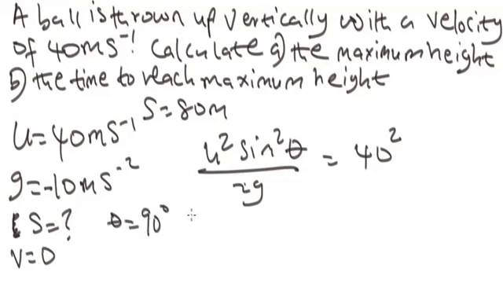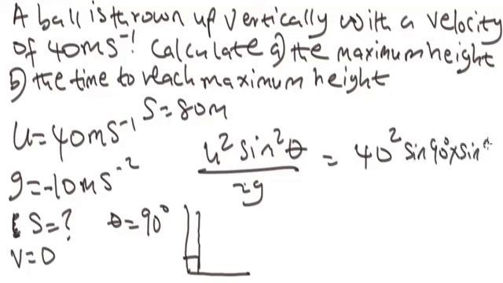Let me show you, because this is the wall. When you throw up a ball from the ground, you are forming an angle of 90 degrees, so theta will be 90. So it will be sine 90 degrees times sine 90 degrees over 2 times 10, because acceleration due to gravity g is constant, 10.